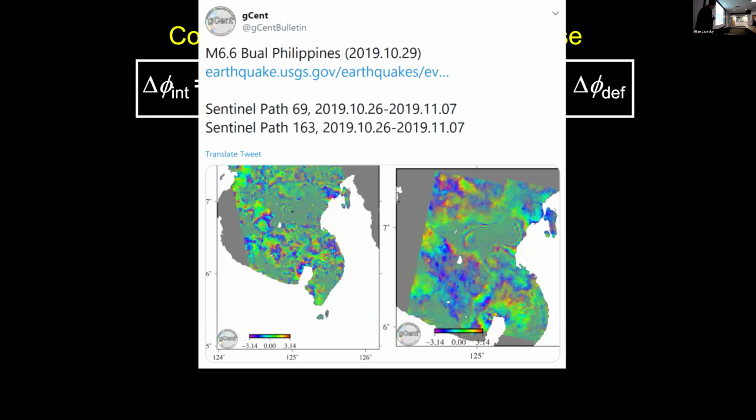One thing that's worth noting is that the descending data tends to be cleaner than the ascending data. You have bigger turbulent atmospheric signals in the ascending data than the descending data. Anyone got a clue on why that might be? Why might ascending data have more atmospheric problems than descending data?